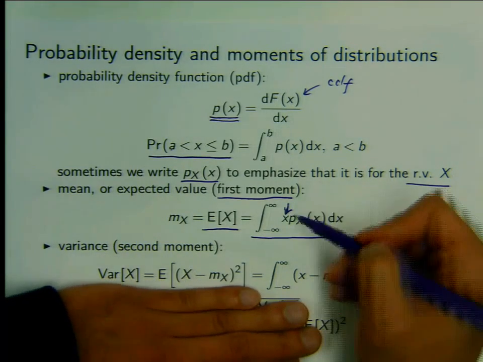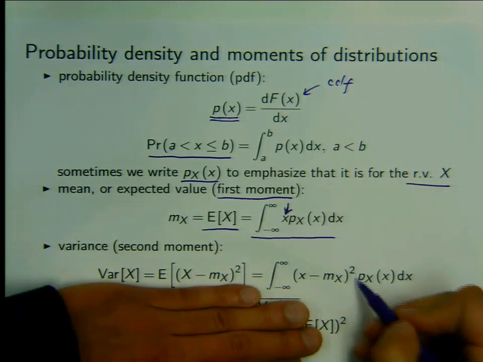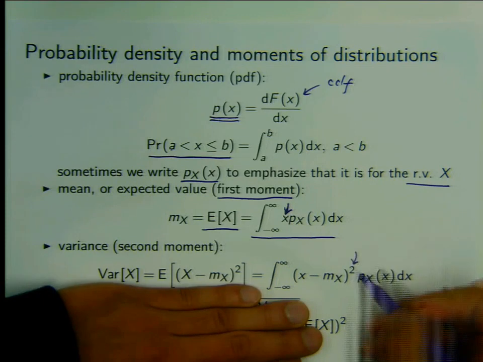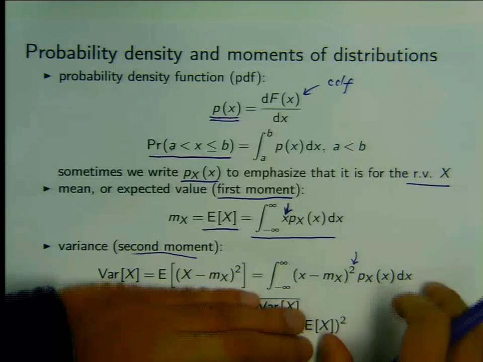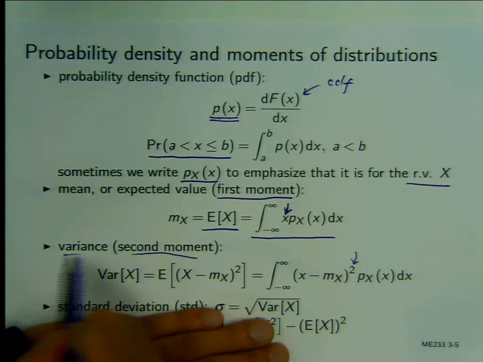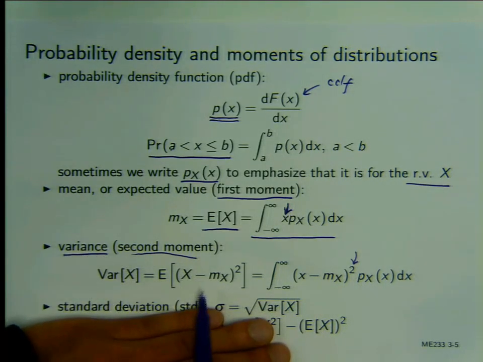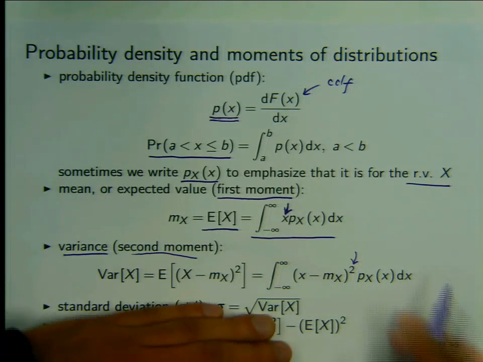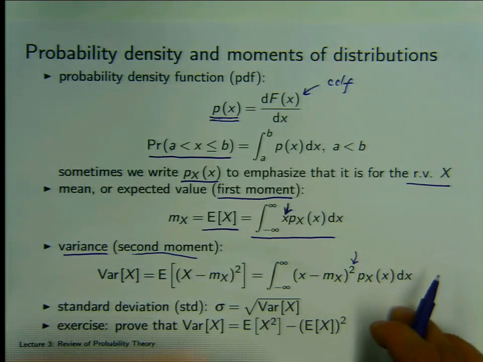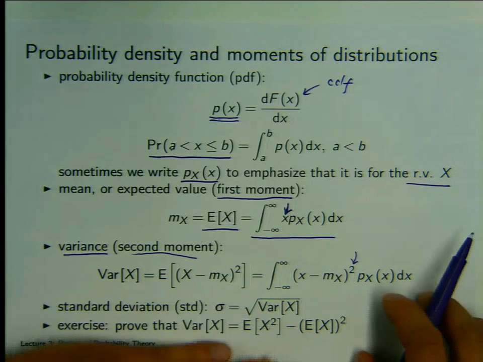Going from here to a second, quadratic function, this is the second moment of the random variable, which is the variance. So the variance is describing the possibility of variations around its mean value. Okay, so it's this one. It's a second order property of the random variable.